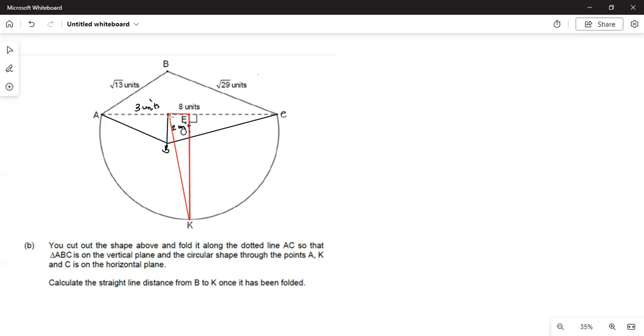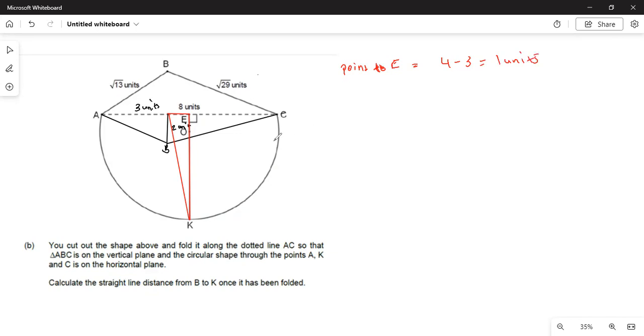So we know that from the point to E, our length will be 4 minus 3, which is 1 unit.